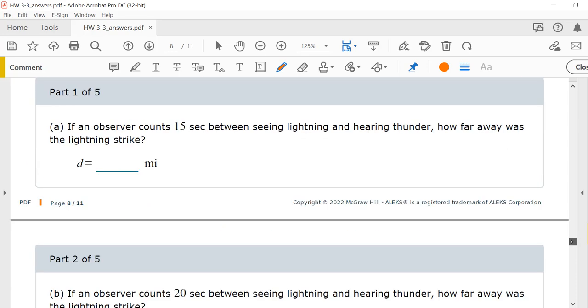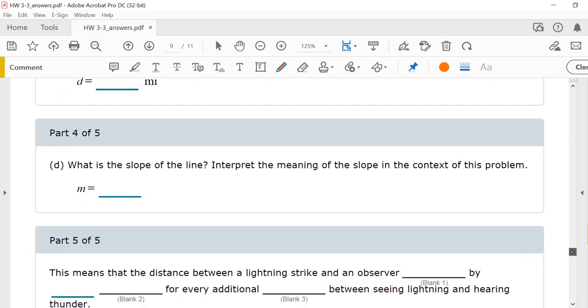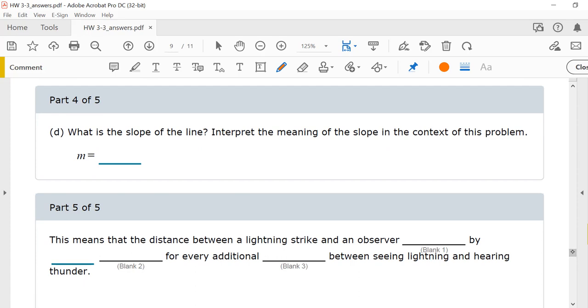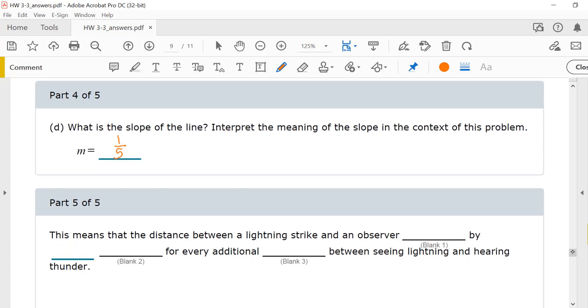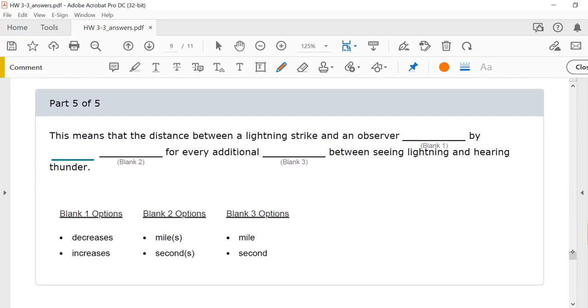Let's go see what D says. What's the slope of the line? It's 1/5. It means that the distance between the lightning strike and an observer, okay, since it was going this way, we went up and then right, the distance increases by miles.